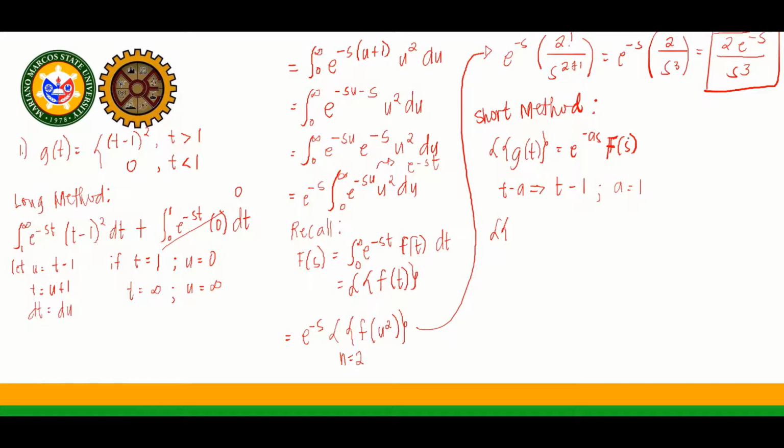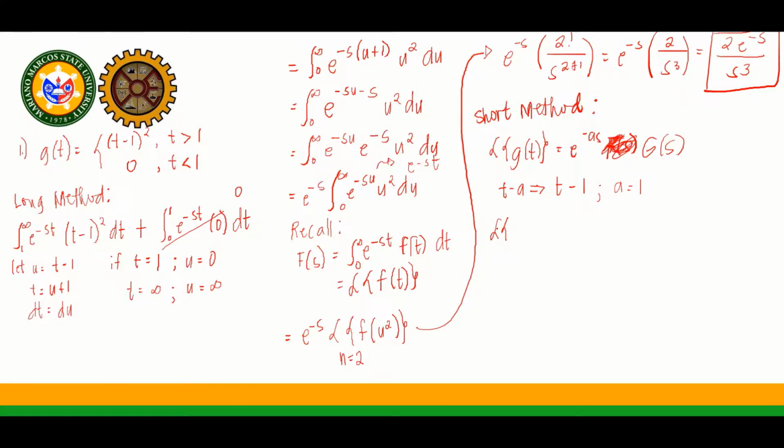Or this should not be F of s, but instead this is G of s kasi g yung ginamit natin dito. So t minus a is equal to t minus 1. So yung a natin is obviously 1.